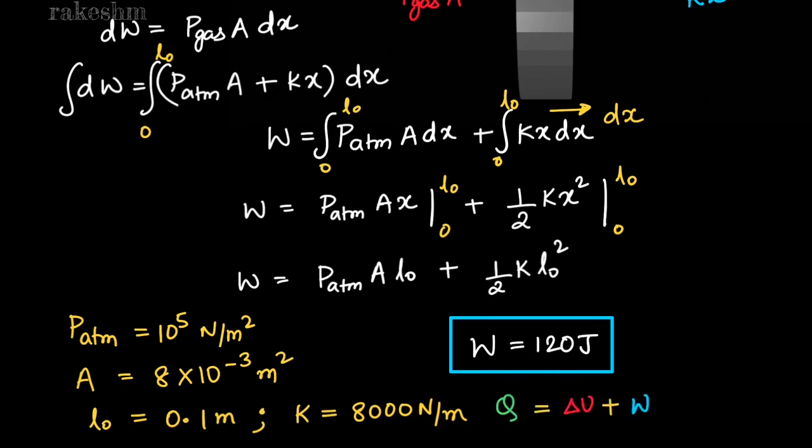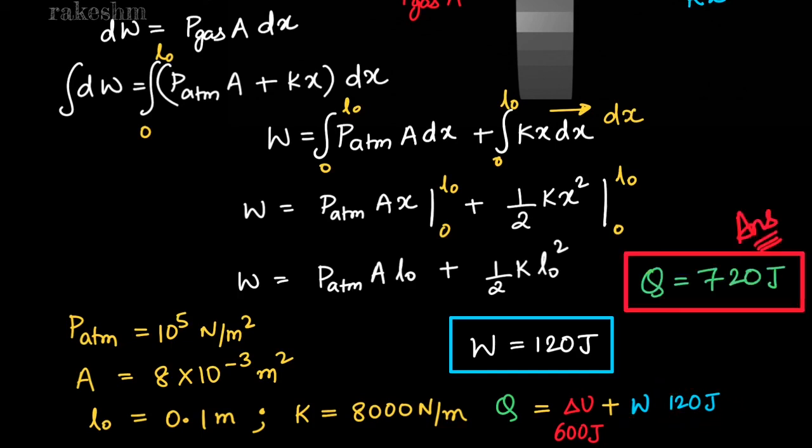The total heat supplied to the gas equals the change in its internal energy plus the work done by the gas. We calculated that the change in internal energy of the gas was 600 joules and the work done by the gas is 120 joules. So the total heat supplied to the gas by the heater is 720 joules.